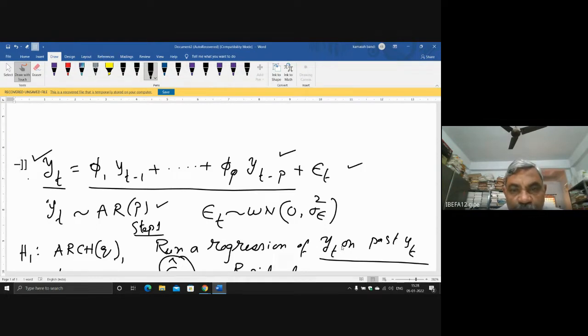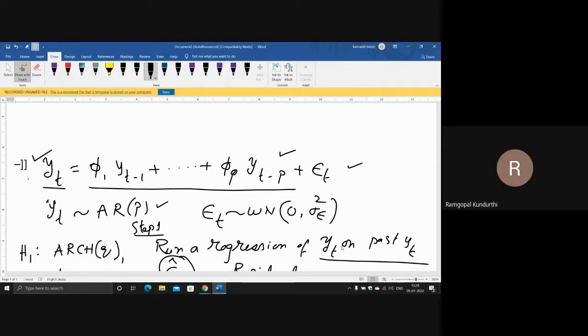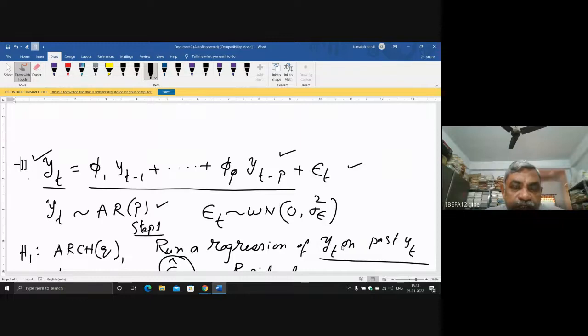For the ARCH test, you make it Q only. Here when I wrote P, it's a very general form. So P can be a little more compared to Q.